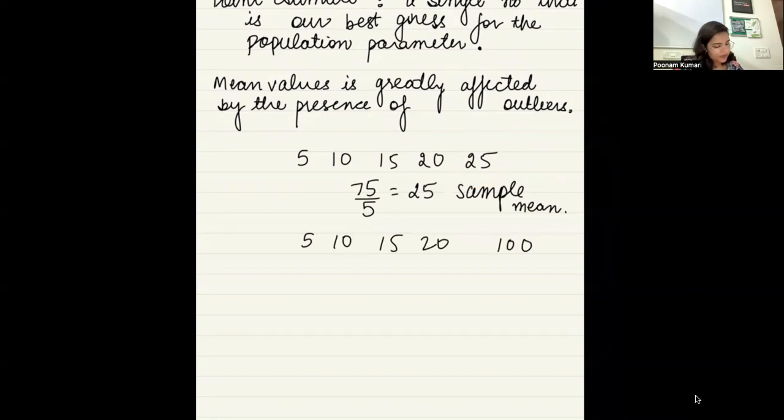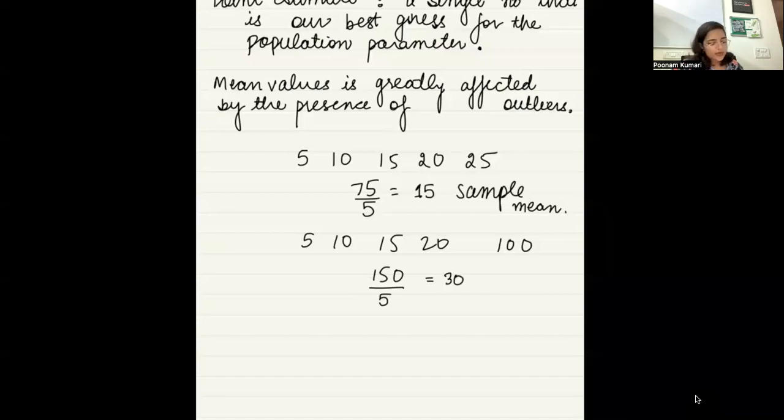This is 150 divided by 5, which is 30. And guys, this is not 25, this is 30, right?